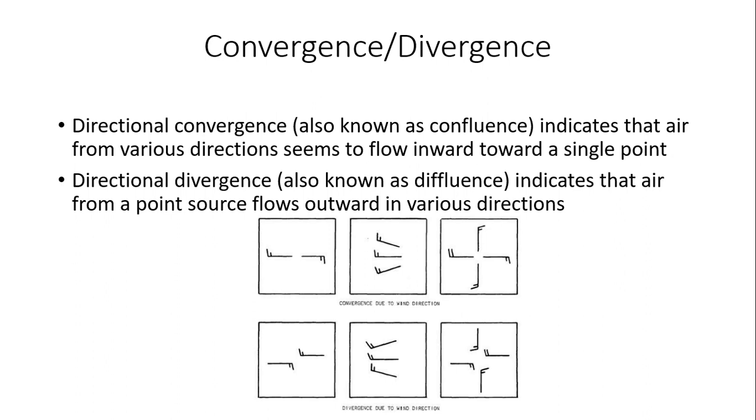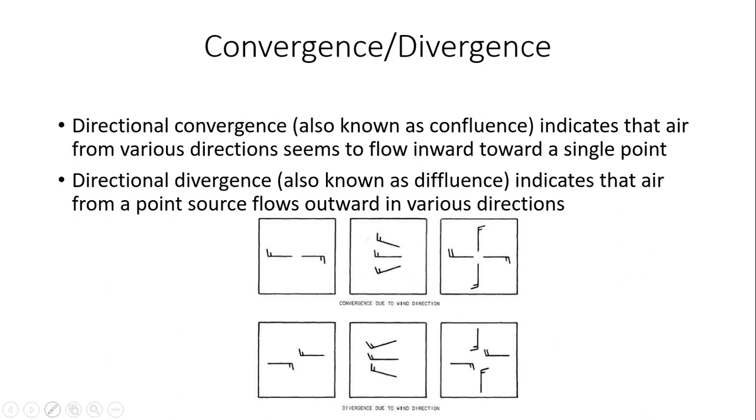On the other hand, directional divergence is also known as diffluence. This indicates that air from a specific point source is flowing outward into various directions away from that single point.